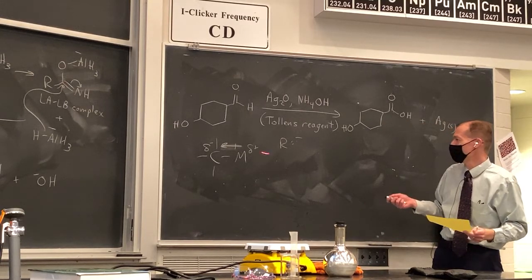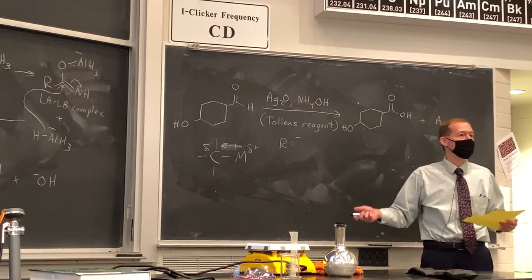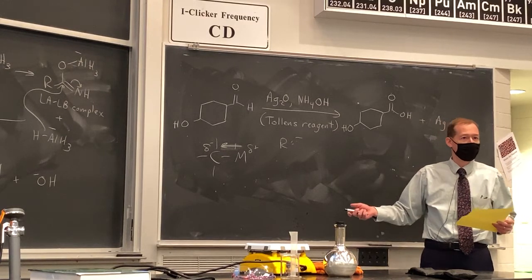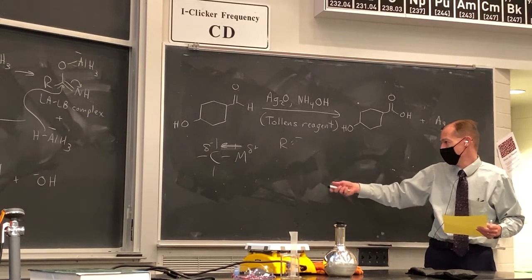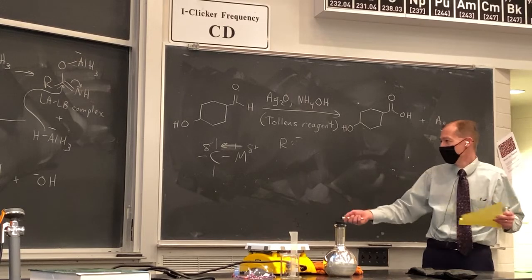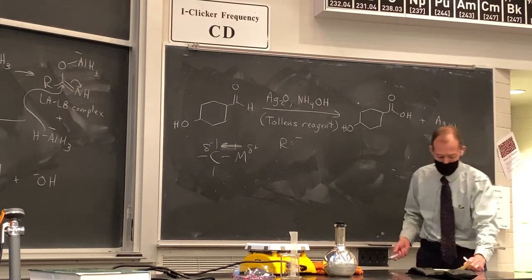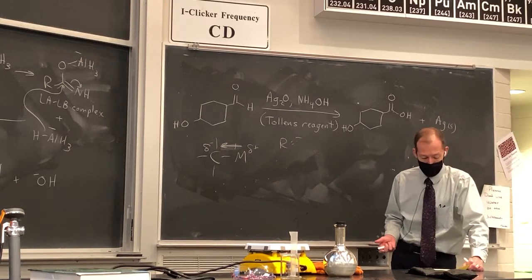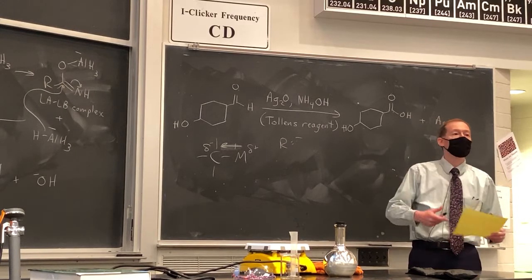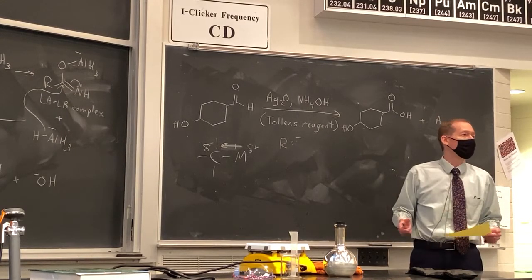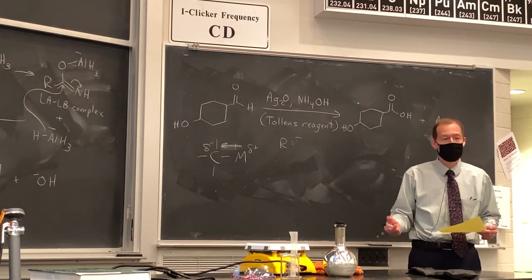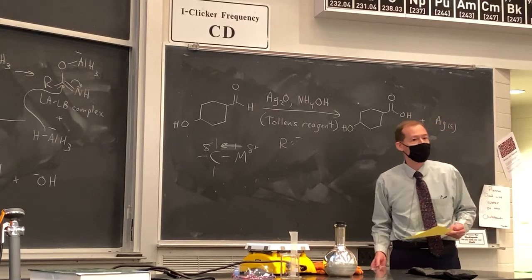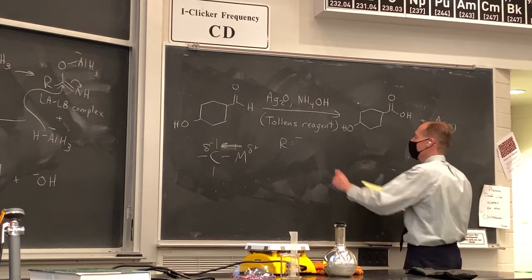Okay, this would be a carbanion with a full negative charge on the metal. Right, we don't have that, but we have a high enough partial negative charge that these species are going to react as if they were carbanions. And so they're going to be very strong nucleophiles capable of forming carbon-carbon bonds. So that'll be very useful for us.